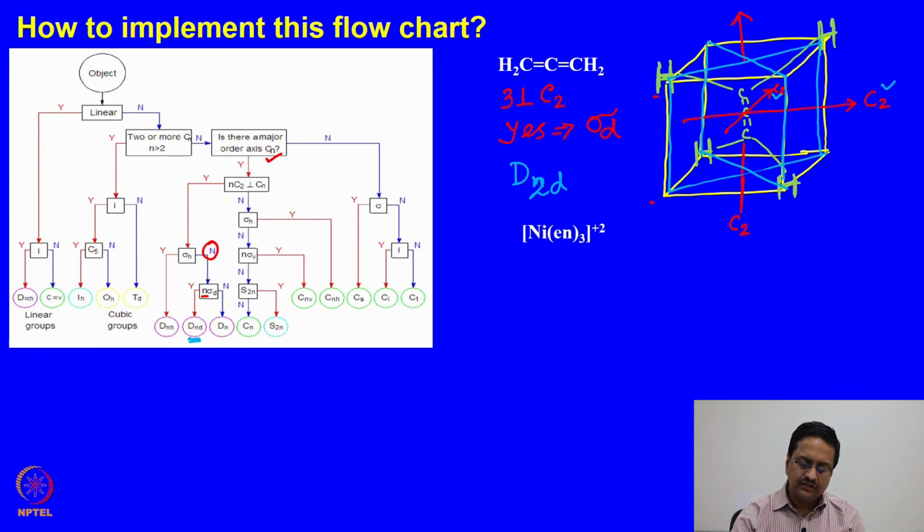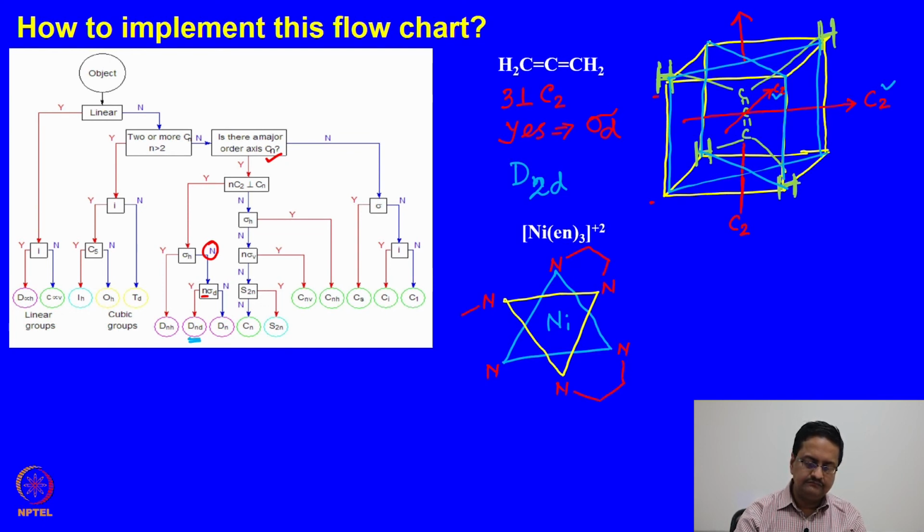So, I will quickly draw it in the way I had drawn it in the previous class, taking the nickel at the center, drawing a triangle about it and drawing an inverted triangle about the same nickel, identifying that these two triangles are at two different levels, and then we write the nitrogen atoms as we had written in the previous class and join those two nitrogens at a time, making it ethylene diamine ligand.